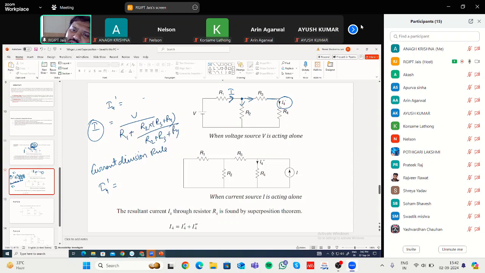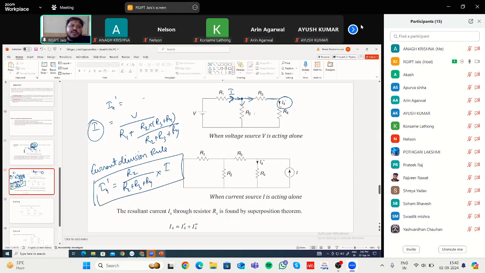When finding the current through this branch, the other branch is this one, and its resistance is R2. This is divided by the net resistance of both branches, that is R2 plus R3 plus R4, multiplied by the net current coming here, that is I. So this is I4 dash.